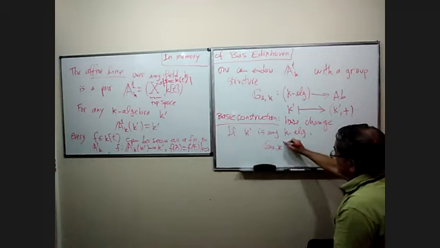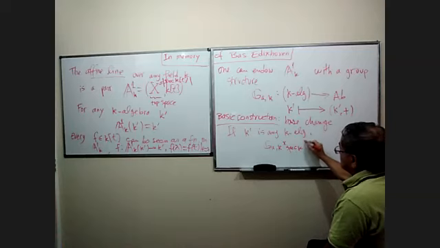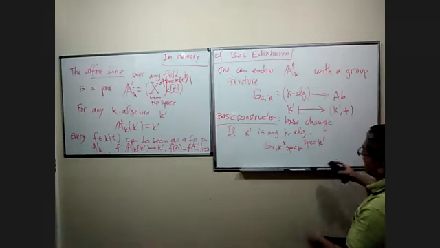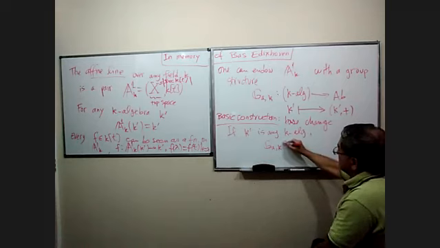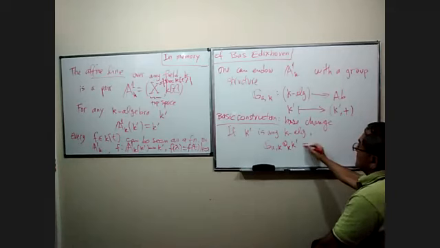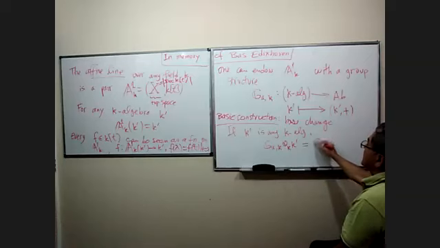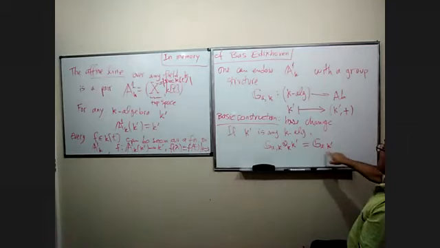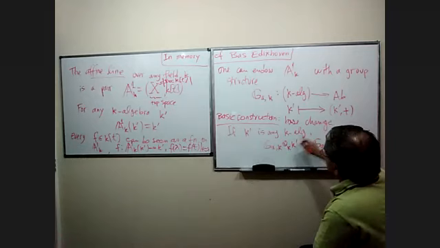Most people write it like this, as a fiber product. But this notation is a bit cumbersome, it makes me write too much, so one just does this. If it's the additive group at the bottom and you base change it, you still get the additive group. But now the base is different.